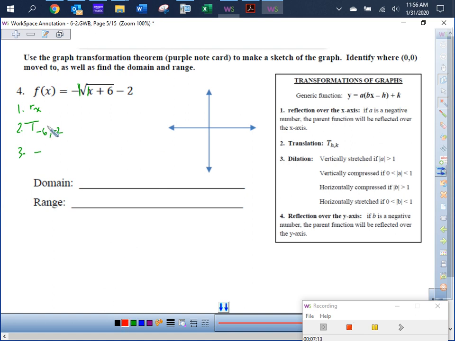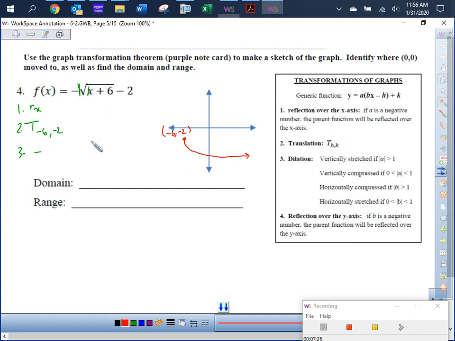So we'll still move 0, 0 first, -6, -2. But because he got reflected over the x-axis, we need the bottom of the T-Rex's mouth like so. So as lame as that T-Rex thing is, it really helps if you get reflected over the x-axis. The square root dude flips over, looks like so.